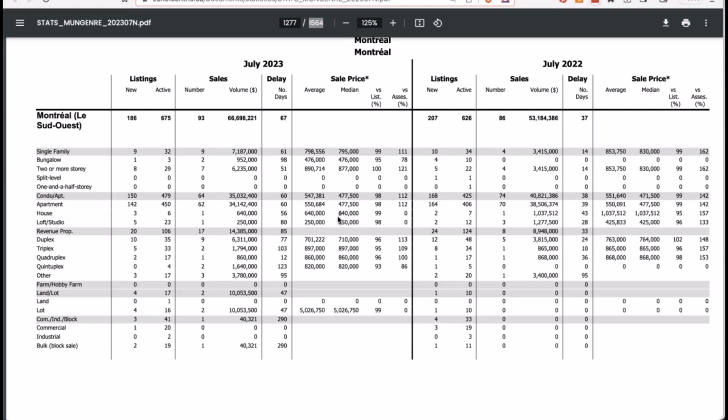Okay, so you can go here and you could highlight what's important, sit down with your client and say, look, for a condo, the median sale price, and you always want to use the median, not the average, is 477,000. We're going to be negotiating most probably 2% under asking price. This is what's happening right now.